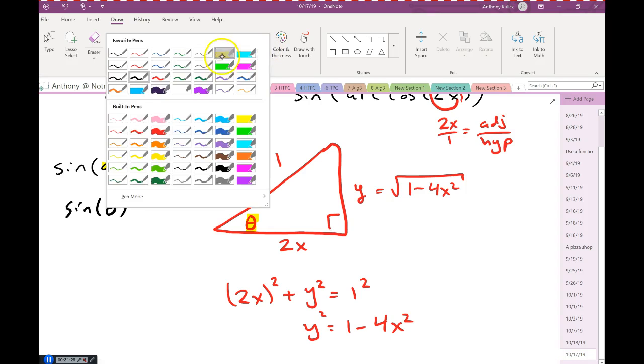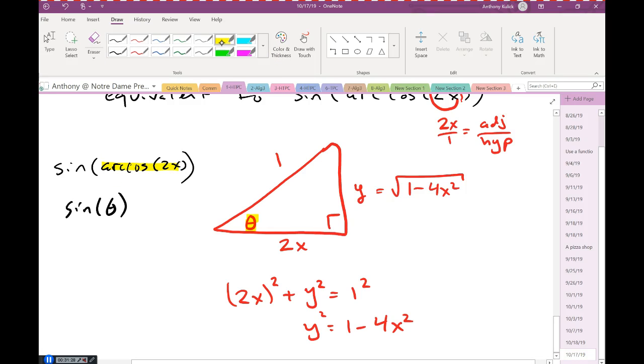Hold on a second, that's a good question. How do we know this? What does arc cosine do? It's going to take a ratio of side lengths and return to us an angle measure. What angle measure is it going to return to us?